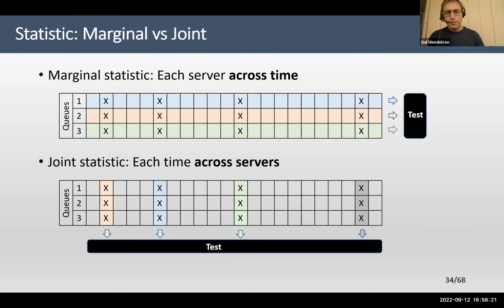The other way of doing this is using joint statistics. Instead of summarizing per server across time, we can summarize for each time across servers, and that will be an input to the test. Now, I'll already give a promo here. The second option, with a joint statistic, will be the strongest option in the presence of adaptive control. And the way we're going to do this is by looking at decision data. How is this related to decision data, because we're just looking at queue lengths here?